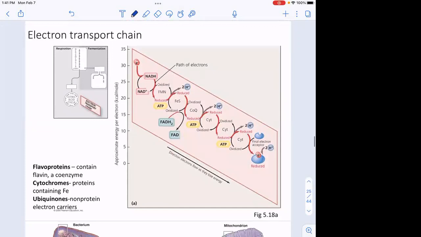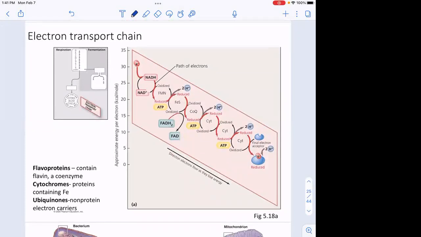Your book draws electron transport chains a couple of different ways. One picture is a little bit better at showing certain things, and one picture is a little bit better at showing other things. So right off, notice this is the NADH, remember, that's carrying the 2 electrons and a proton, getting oxidized back to NAD.